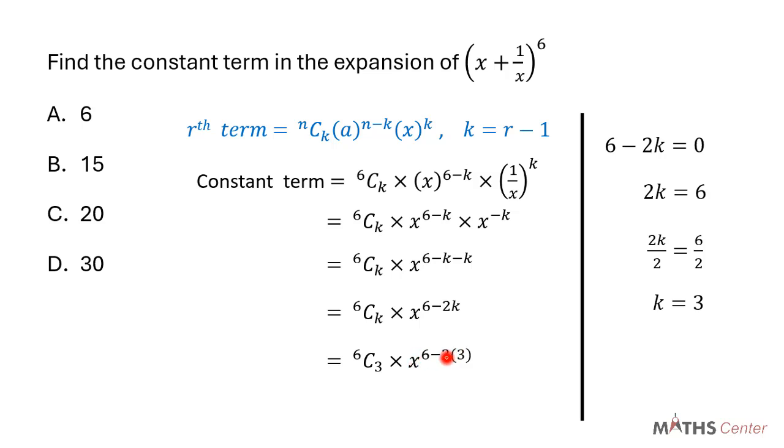And 6 minus 6 is 0. x exponent 0 will give us 1. So for the constant term, we are going to have 6 combination 3 times 1. 6 combination 3 is 20. 20 times 1 is 20. So it means that for this particular binomial expression, when we expand it, the constant term will be 20.